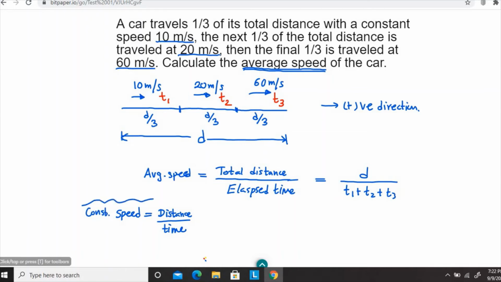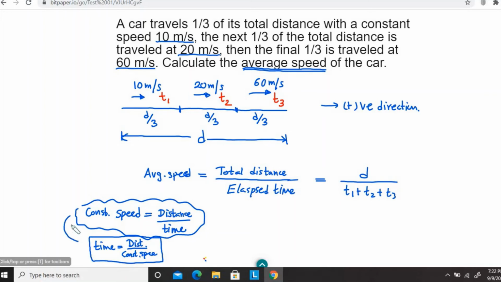From here we can solve for time. Time can be written as distance, I'll call it dist, divided by constant speed. We get that expression from this general one.